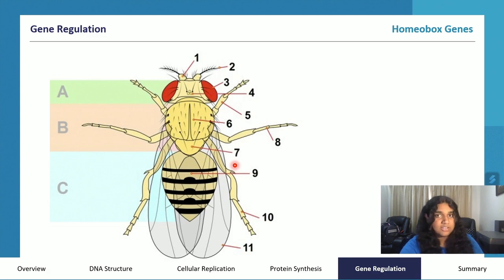If the gene is correctly expressed here, we get a normal looking fly with 3 sets of legs coming out of the thorax. However, if this gene is expressed in the wrong section, which happens after a mutation, some pretty strange things can happen. Say, for example, this fly had a mutation and it caused the Hox gene to be expressed in the fly's head instead of the antenna.